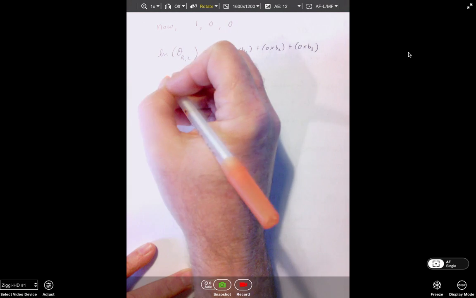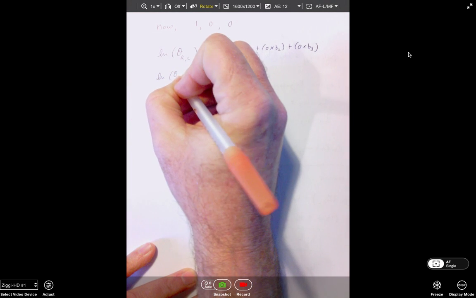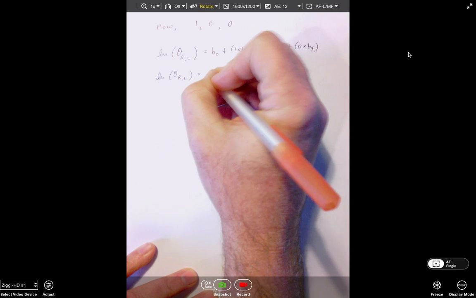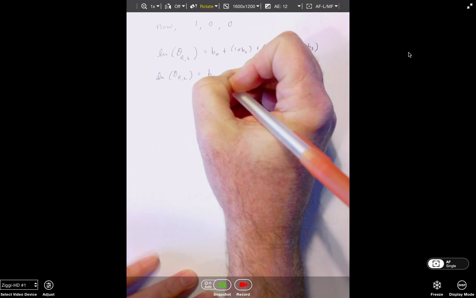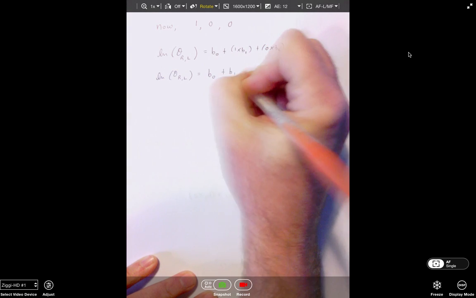Guys, what we have here is the natural log of the observed value for a Republican who is pro-life as B0 plus B1.